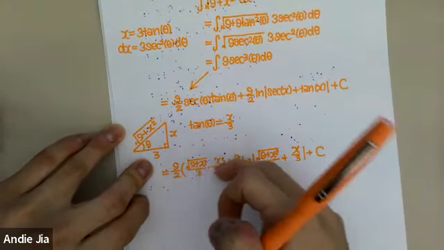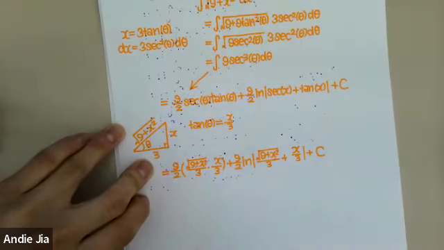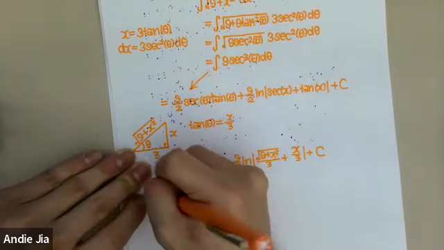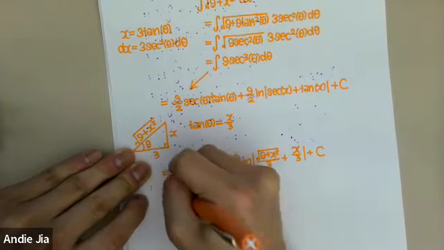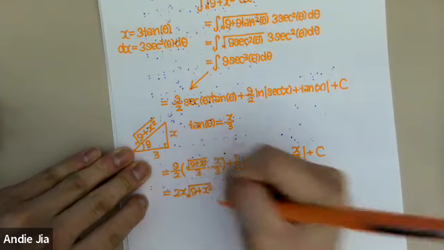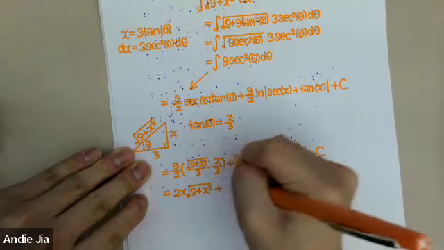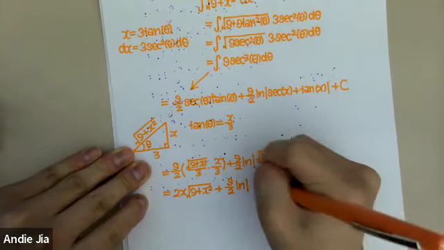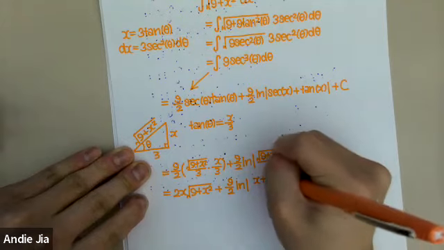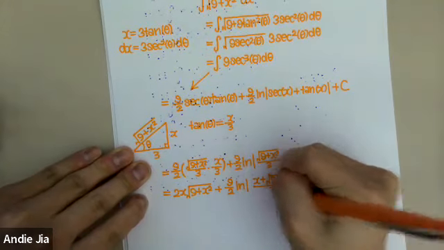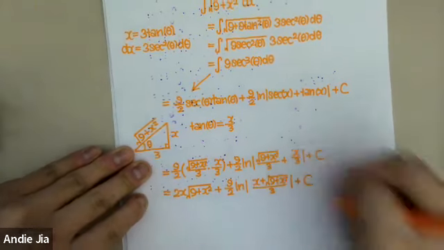So the 9 cancels out, and it's just going to be x over 2 times the square root of 9 plus x squared plus 9 over 2 natural log of x plus the square root of 9 plus x squared over 3 plus constant of integration.